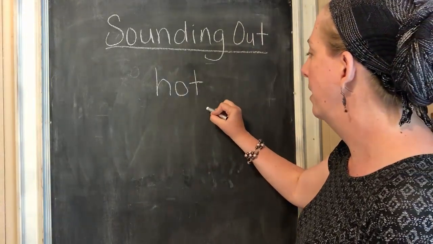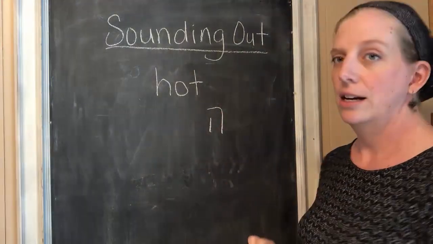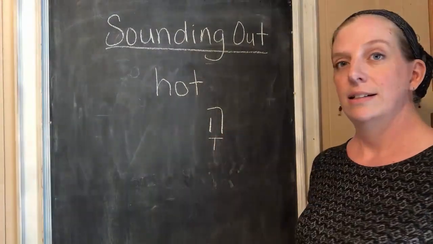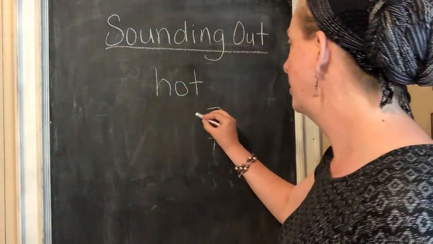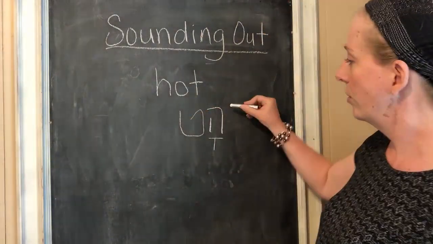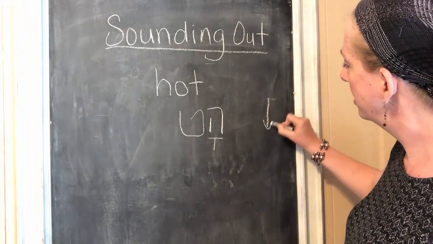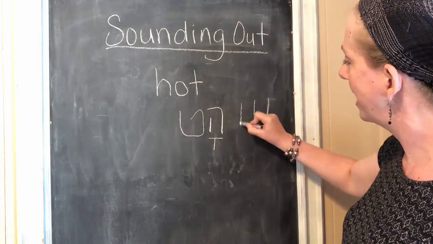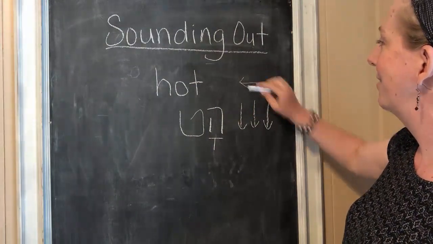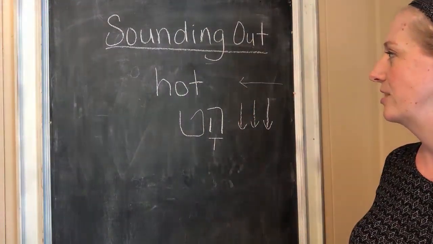First, we're going to start with an h sound, h, and then we already know ha, and then we'll end with a T. Hot. So it's kind of like you go down, down, down, but start from right to left. So it's backwards of English.